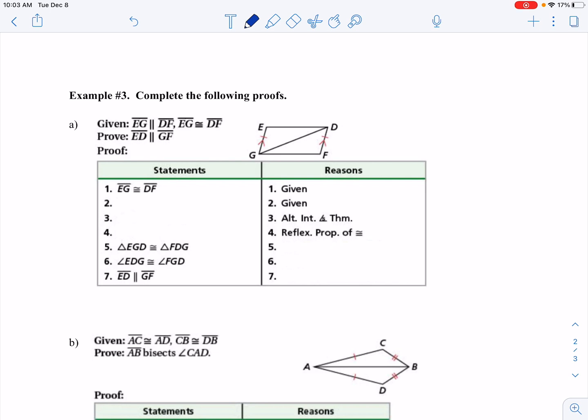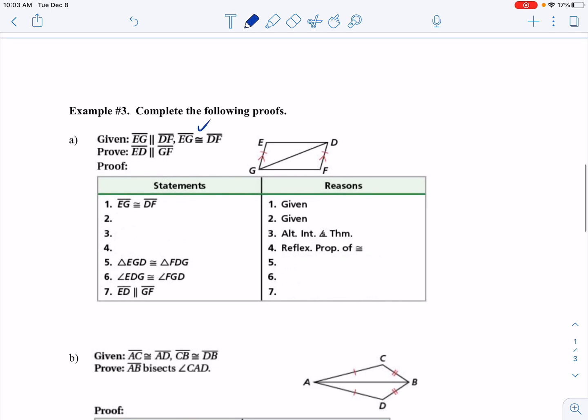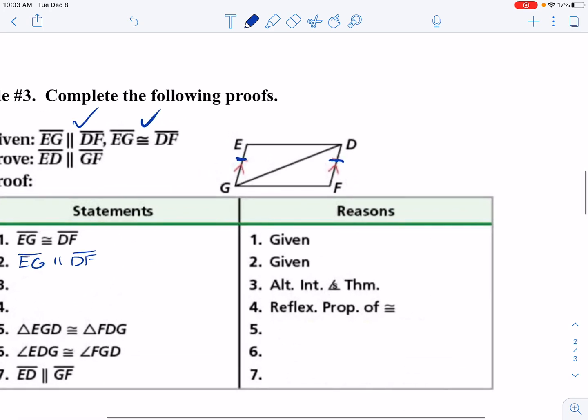This is given. We took care of our EG being congruent to DF right here. We also have EG being parallel to DF. That's also given. And then because they are parallel, we have alternate interior angles right here.